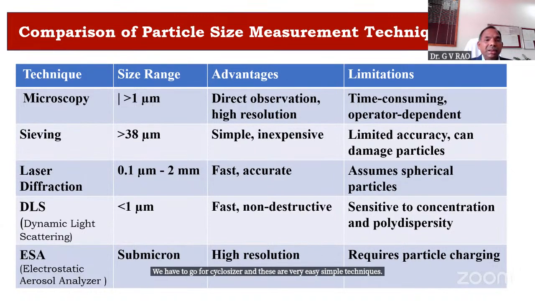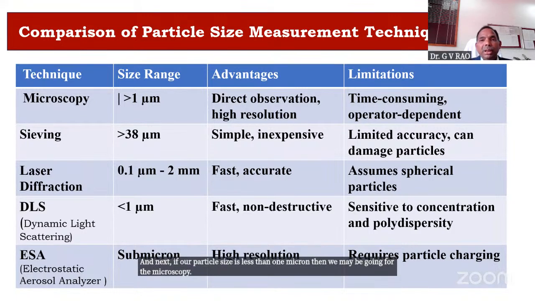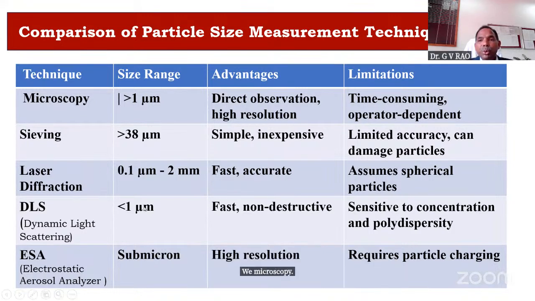Next, if our particle size is less than 1 micron, then we may go for microscopy. In microscopy, we can go from 0.1 micron to around 10 nanometer.